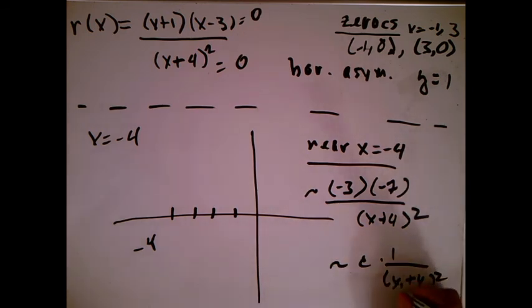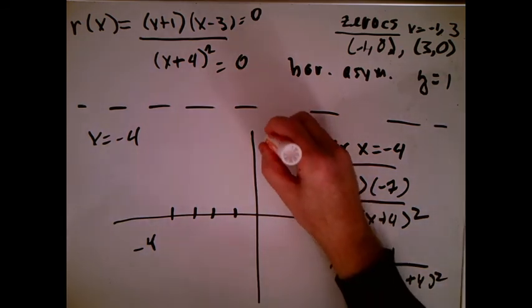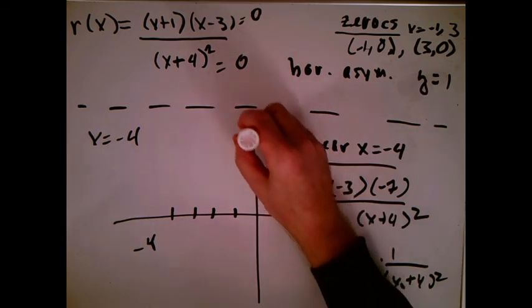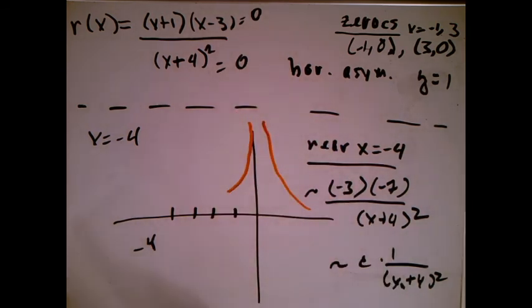Now what does 1 over x plus 4 squared look like? It looks like the power function we know, 1 over x squared. Well, 1 over x squared looks like this. We studied that before. I always think that looks like a volcano. You can use that description if you like. But what happens in our situation is it looks just like this, except shifted 4 to the left.